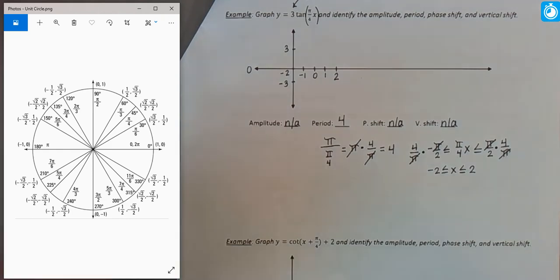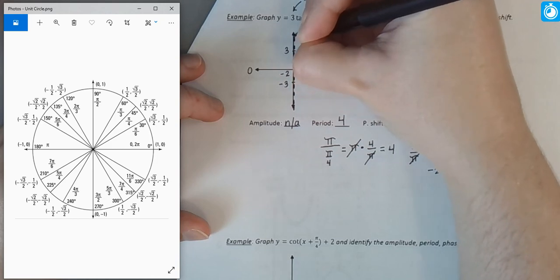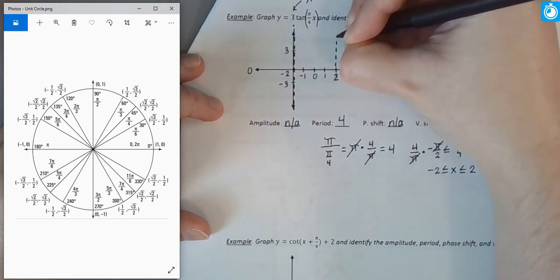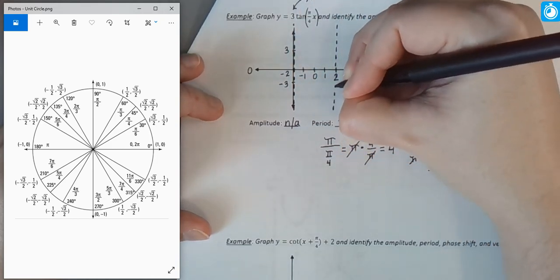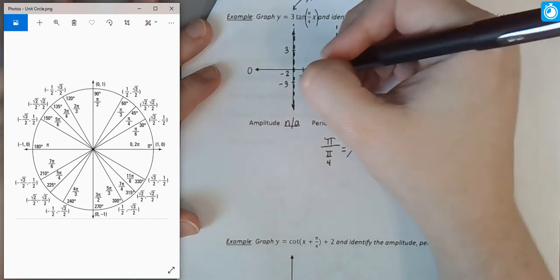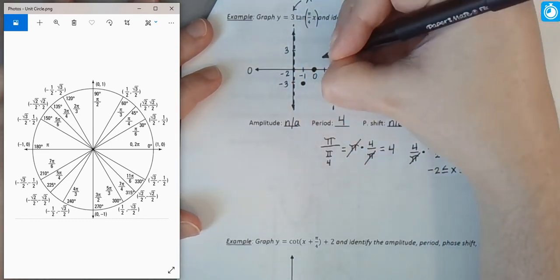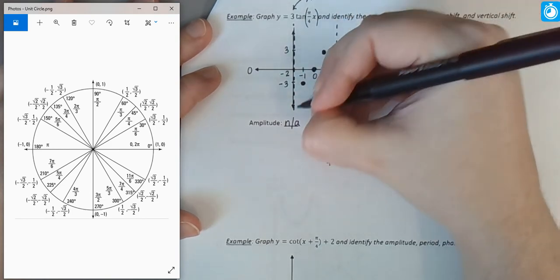Where our cycle starts, that's where we have our vertical asymptote. Where our cycle ends, that's where we have our other vertical asymptote. And then our tangent graph increases across that interval. So there at negative 1, we're there, and then we cross our central line, and then we're increasing.